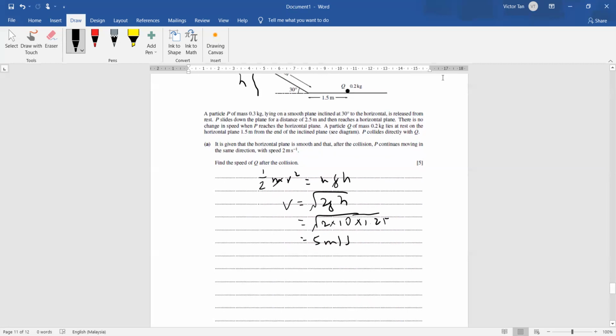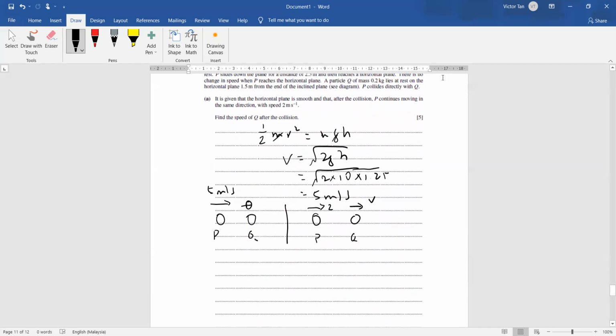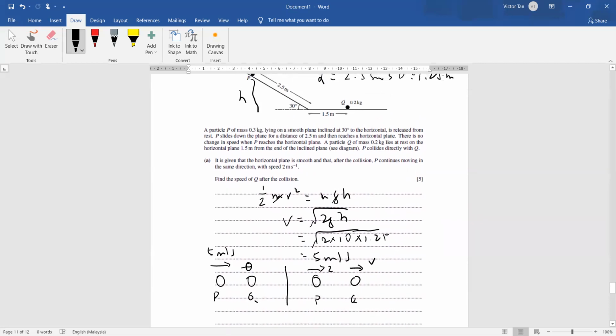Q is at rest, and P is moving at 5 meters per second. It is given P continues moving with 2. So Q was the speed we want.